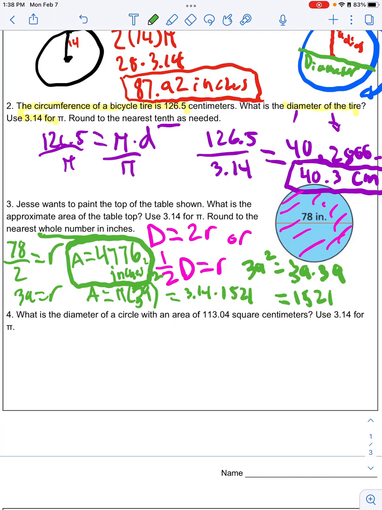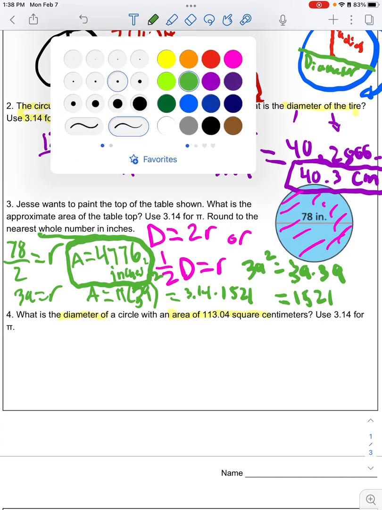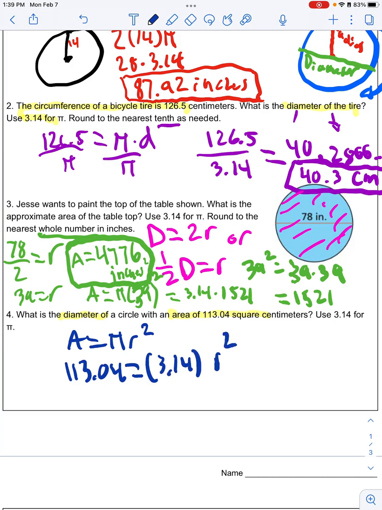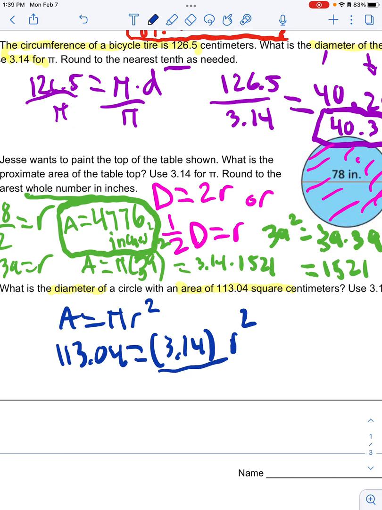Last one. What is the diameter of a circle with an area of 113.04 square centimeters? So diameter this time using the area formula. So filling in what we know, area equals pi times the radius squared. 113.04 equals 3.14 times r squared. So when I divide both sides by 3.14, let's see what we get.